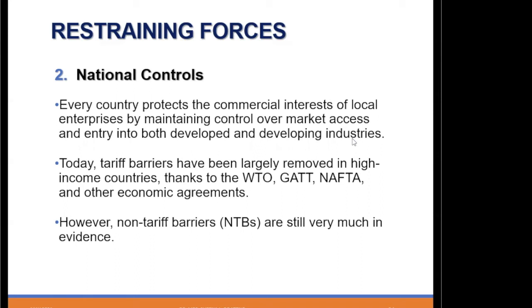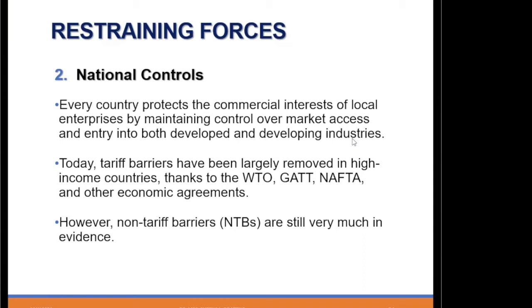So national controls play a key role in restraining organizations from going international, right? And these controls come from the rules and regulations based on the economic and trade agreements that these countries that want to expand in are signed onto. They can also come from specific policies that are imposed by the governments of these countries in terms of sometimes tariff barriers and non-tariff barriers, right?